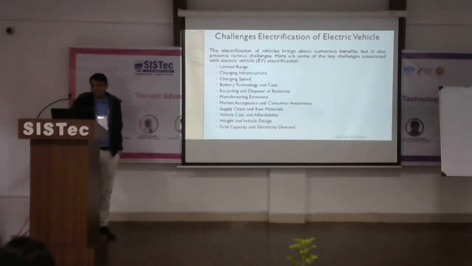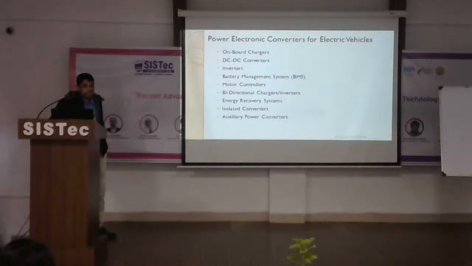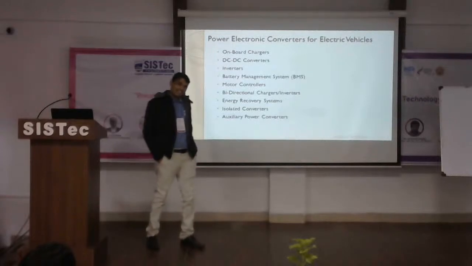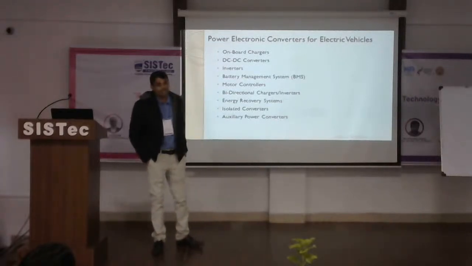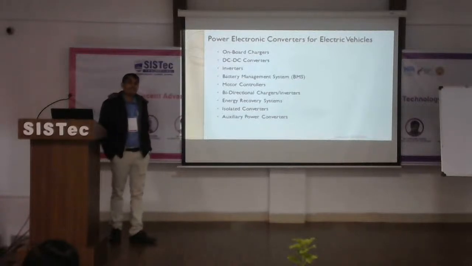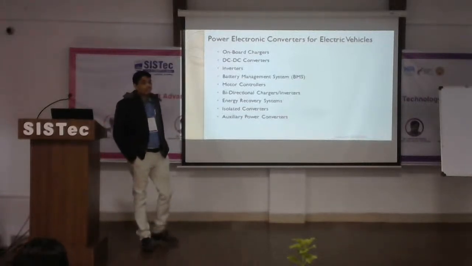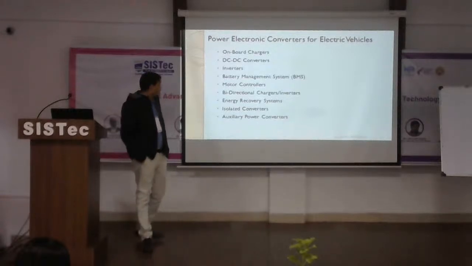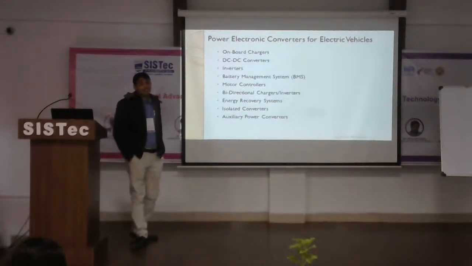Yes, power electronics converters for electric vehicles. These are the converters which are required in the charger and converters to provide the supply to the motor. Okay, so an onboard charger, it means that is again a charger, an AC-DC charger, which is installed in the charging station. A DC converter is required when you use it.